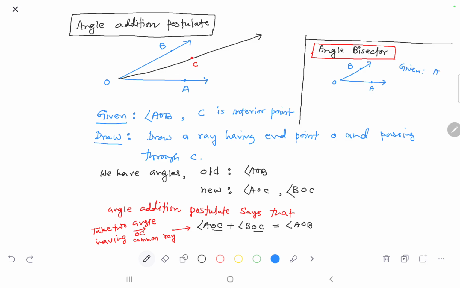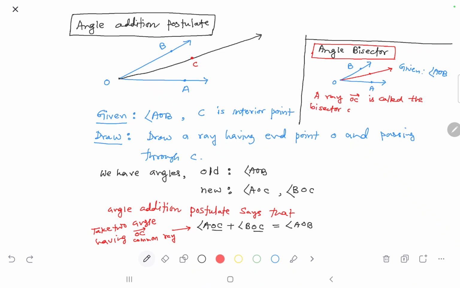Given the angle OAB, a bisector means a ray, and of course C will be the interior point. OC is called the bisector.